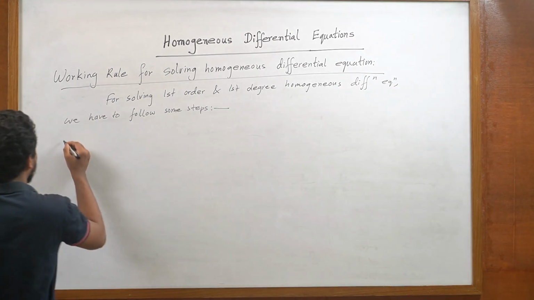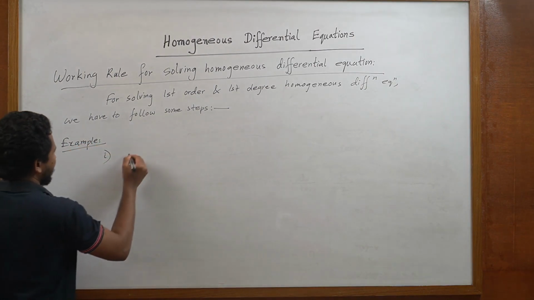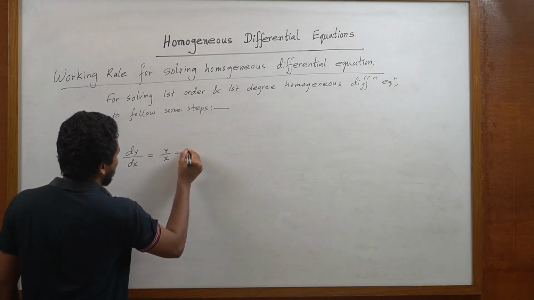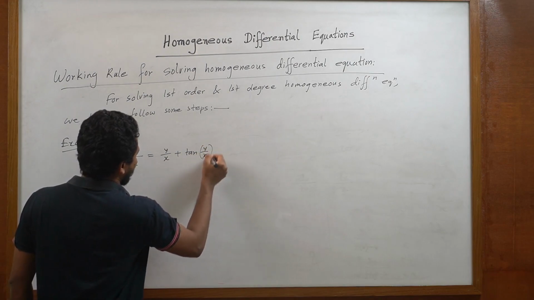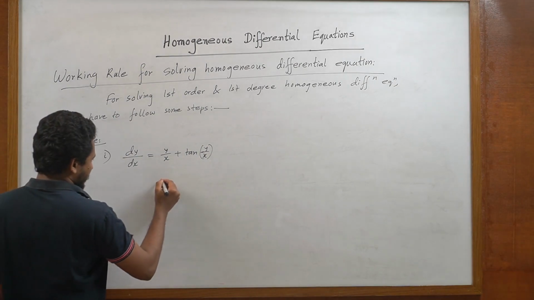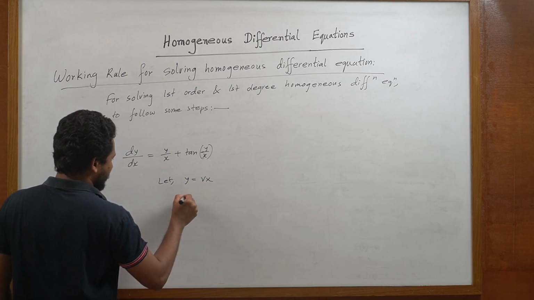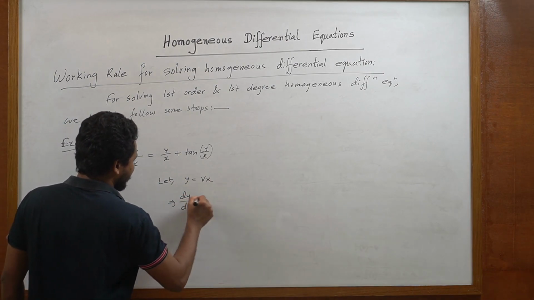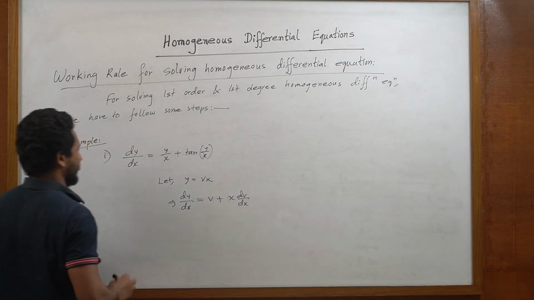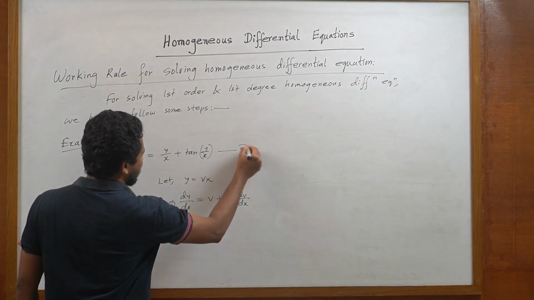Now we will go to the example. Let's take dy/dx equals y by x plus tan y by x. Let's take y equals vx. So dy/dx should be v plus x dv/dx. Now we will replace this information into the star equation.